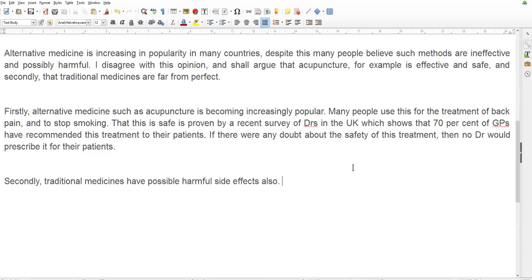If we consider antibiotics, such as, do we spell this? Penicillin. Let's do that. Antibiotics such as penicillin.